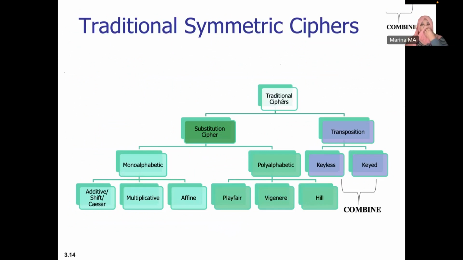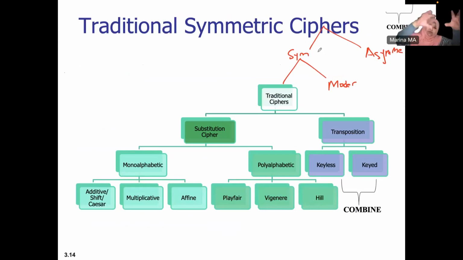So here we have traditional, and here we have modern. Modern is actually from symmetric, and then asymmetric. This is how I learn: I need to see how they are connected, the bigger picture, so I can see it's part of symmetric.